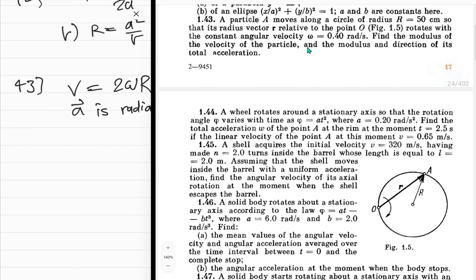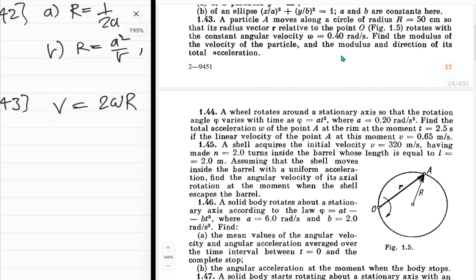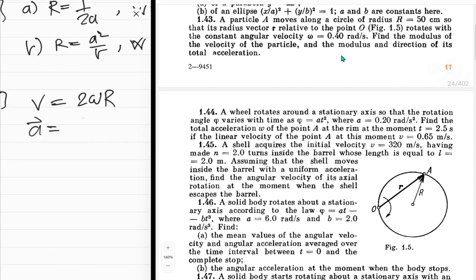Oh, okay, they also want the modulus and the direction. Fine. So a vector is equal to v squared upon r, which will be 4 omega squared r squared upon r, so 4 omega squared r, but in negative theta hat. Sorry, negative r hat. That makes sense.